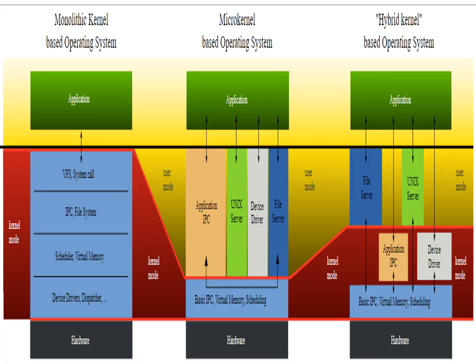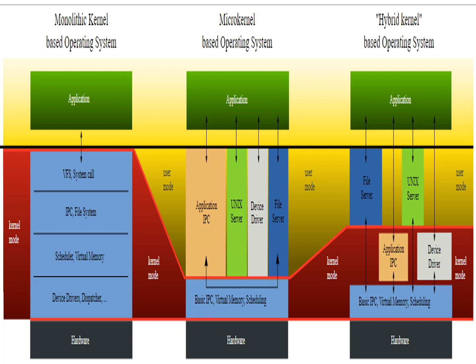I have attached the last slide as a comparison of the architecture between the monolithic, microkernel, and hybrid kernel. In this, first comes the monolithic kernel. Over here, the red part is the kernel mode, and the yellow part is the user mode. In monolithic, all the services come under the kernel mode.